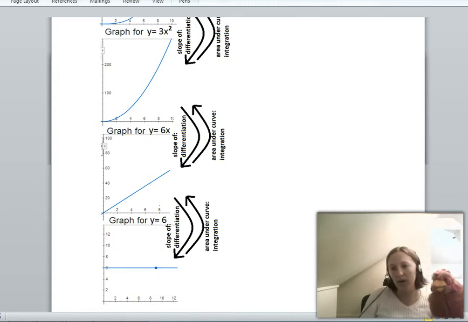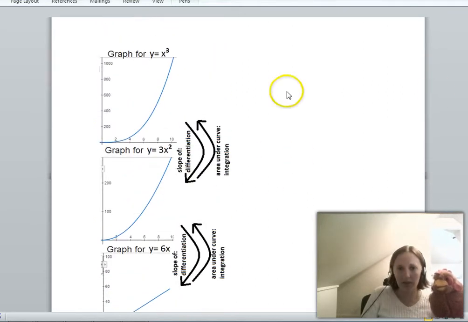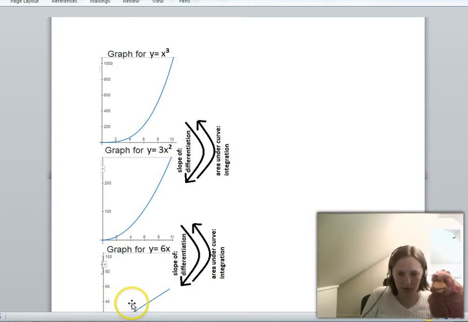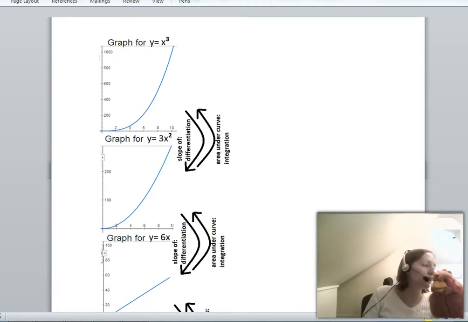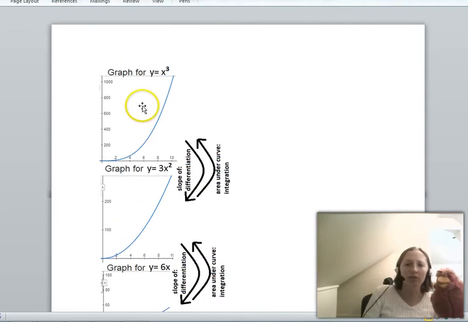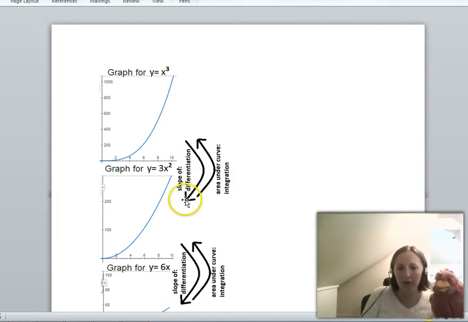So that's what this series of graphs is: the cubed, the squared, the 1st, and the 0th power. And the place that calculus comes into this is when you take the slope of a function, that is called differentiating that function.